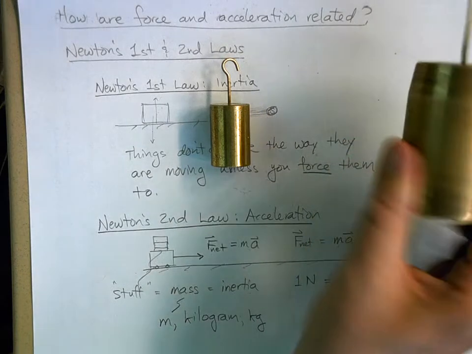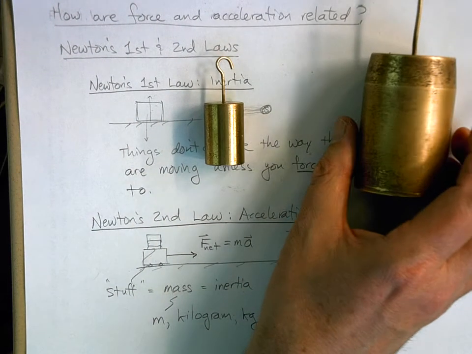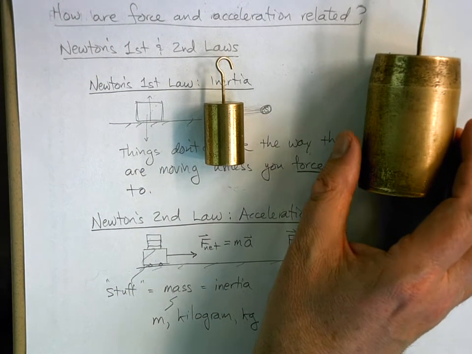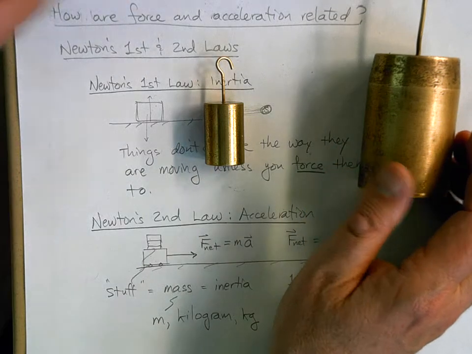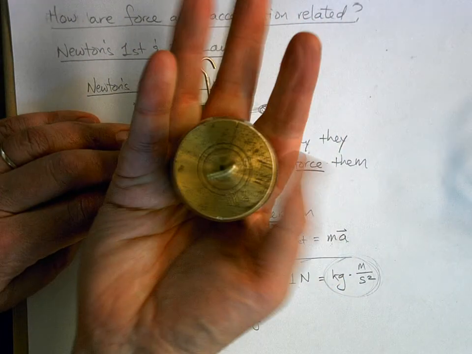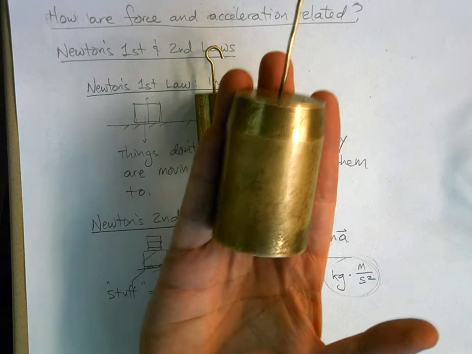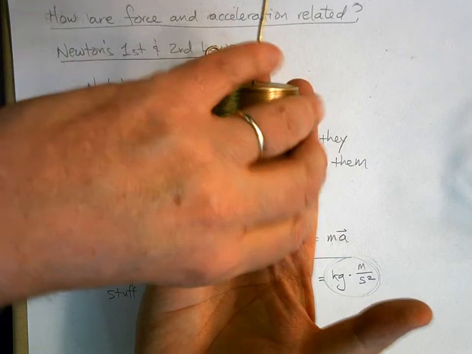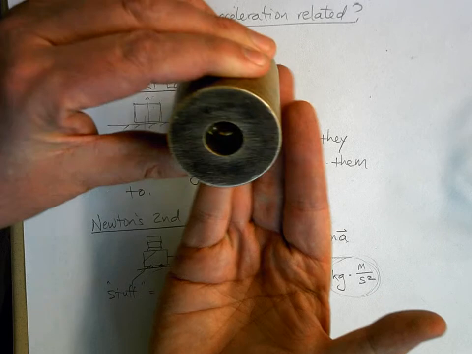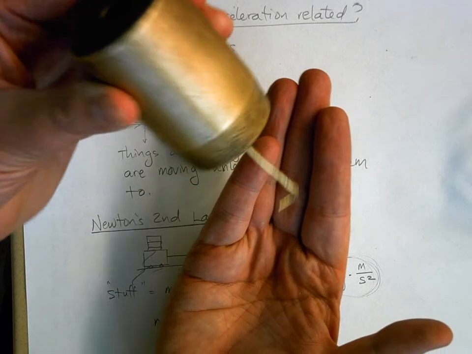One way to think about it, if I was floating around in space on the International Space Station, if I were to hold this in my hand like this, it wouldn't feel like anything. In fact, it would just slowly drift off my hand and float off.